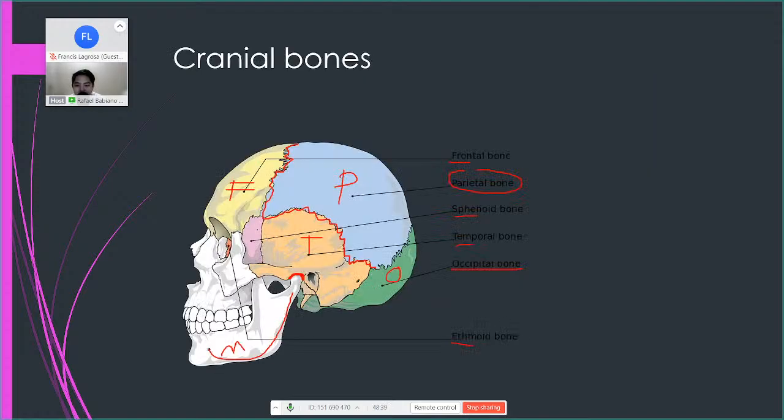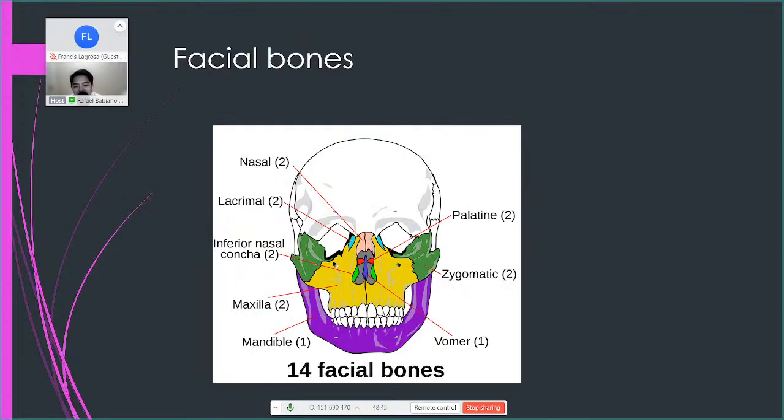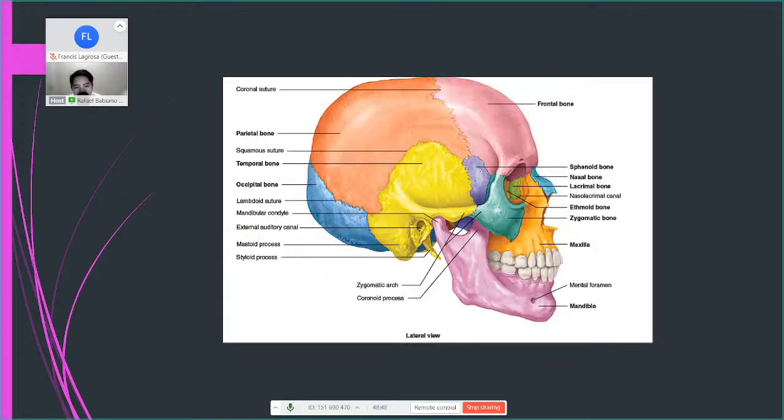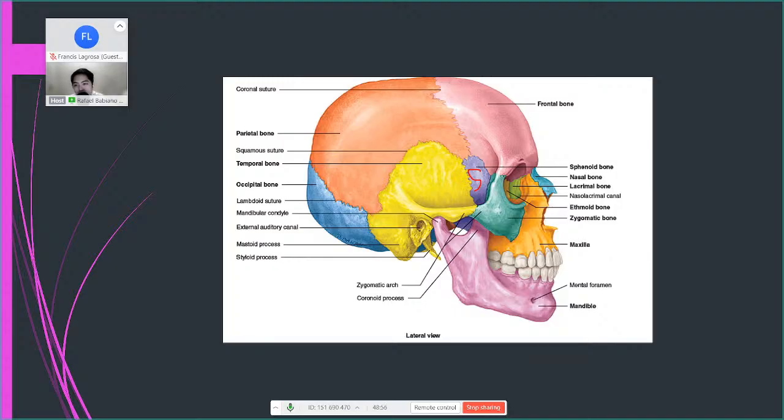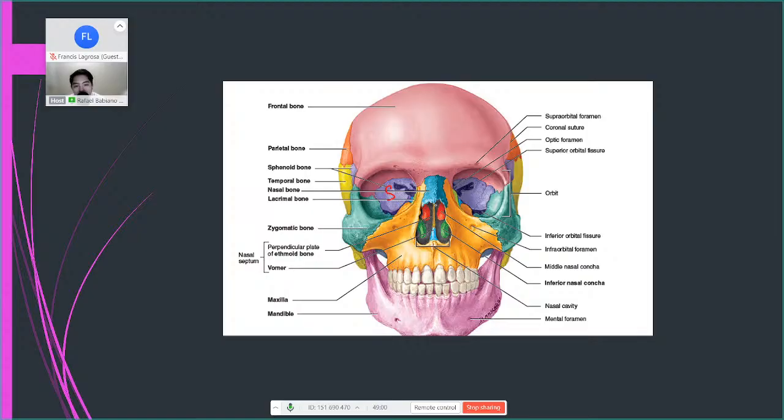Because you can see here, this is the sphenoid. You say, oh, why is it easy to visualize? But when you go here, okay, this is the sphenoid again. This is still the sphenoid. You can see it has sides. But when you look through the eyes, or the orbit, it goes inside.